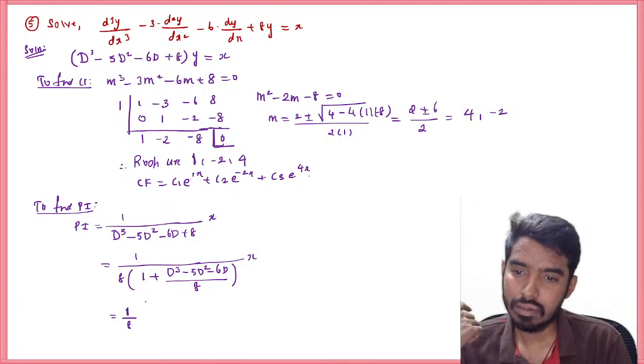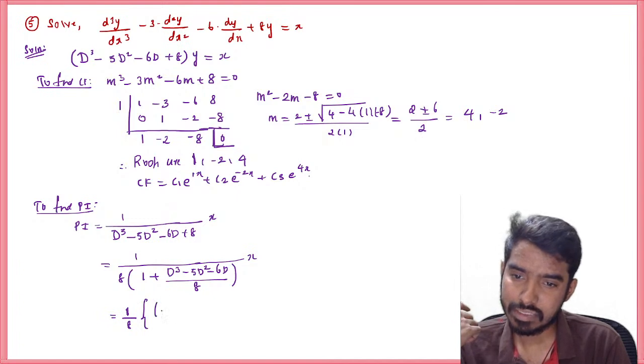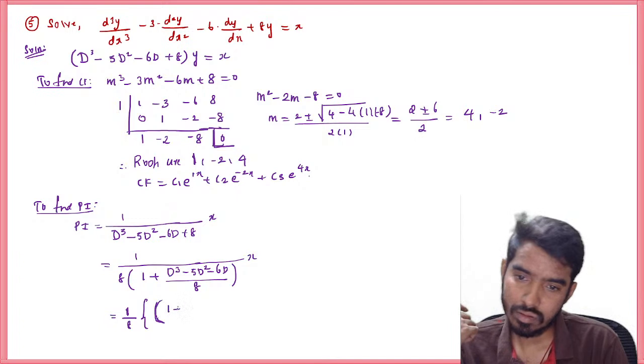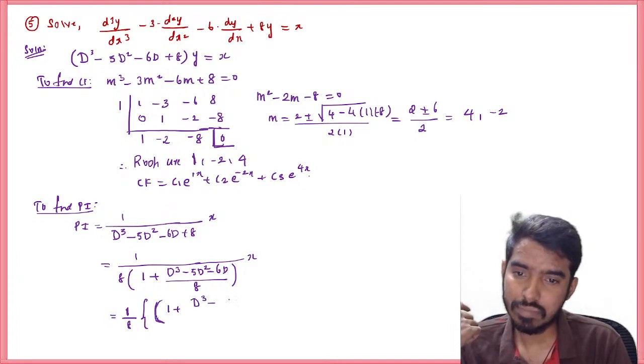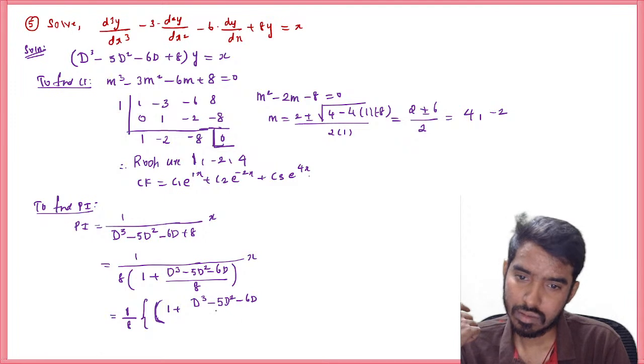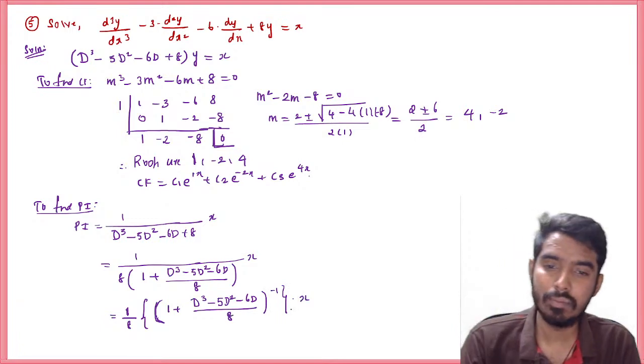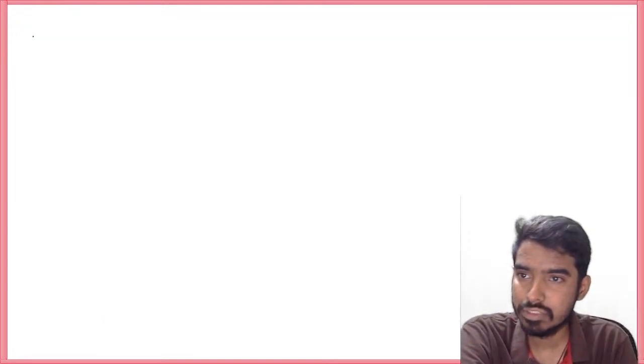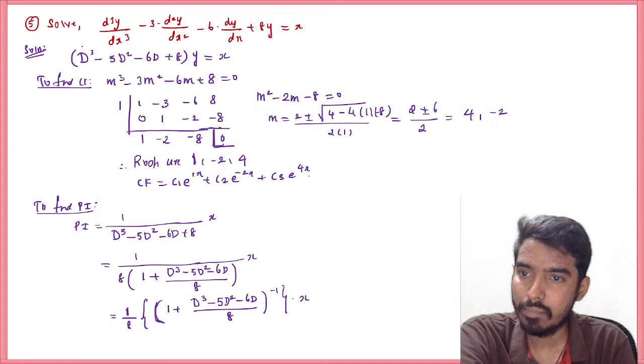So 1 by 8, this will be 1 plus x. It is very simple only. D cube minus 5D square minus 6D divided by 8 whole power minus 1 into x, right? So 1 plus x whole power minus 1 into x. So this will be 1 by 8.